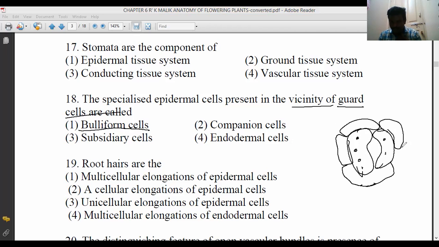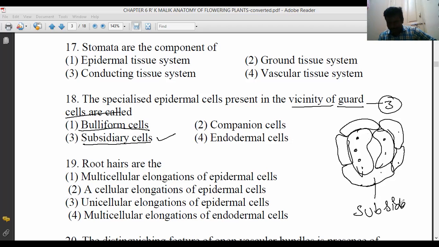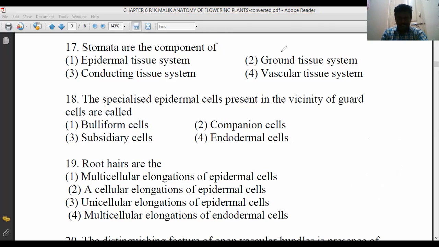These subsidiary cells are neighbors to the guard cells. So for the 18th question, the correct option is 3, subsidiary cells. The third option is the correct option.